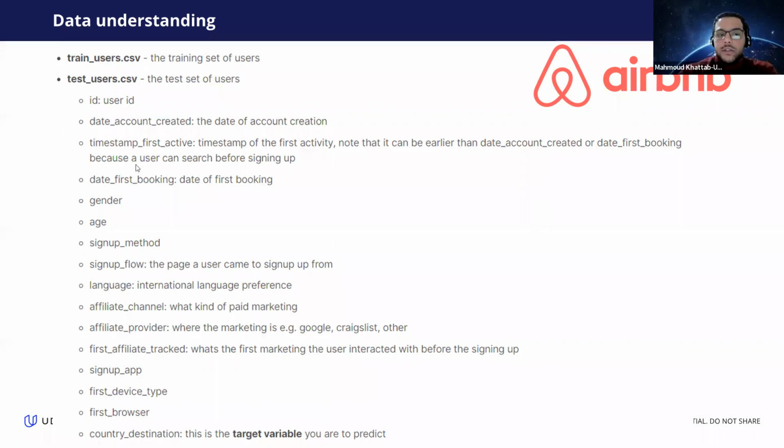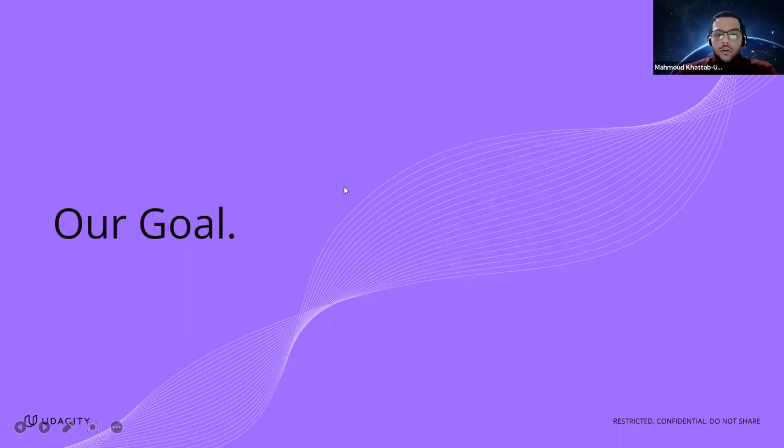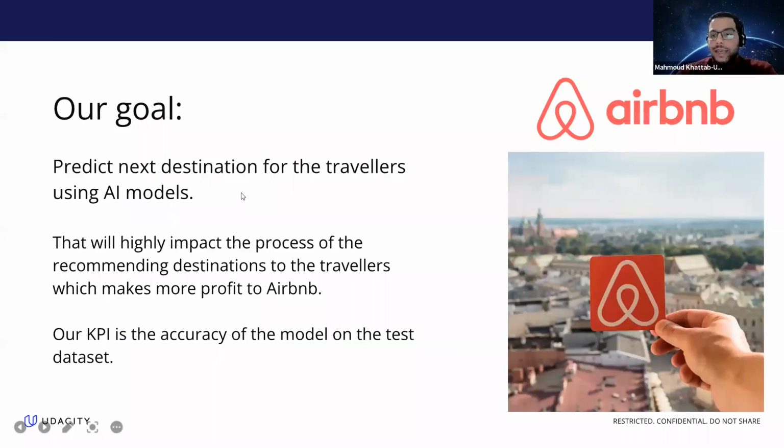So now our goal, guys, is to predict the next destination of the travelers using AI models. And why is that important for Airbnb? Because that will impact the process of recommending destinations.